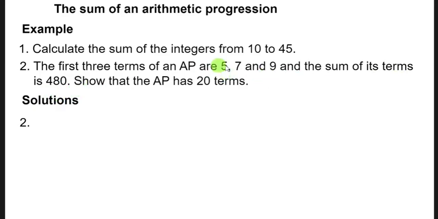So the three terms and the other terms there, when you add their sum, it is 480. Then the question says, show that the arithmetic progression has 20 terms.